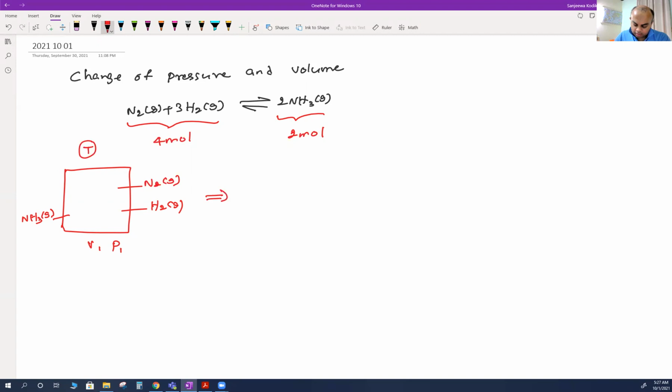Let's say we change the parameters only in pressure, into P2. Let's say P2 is greater than P1.